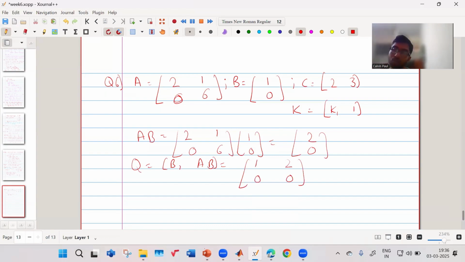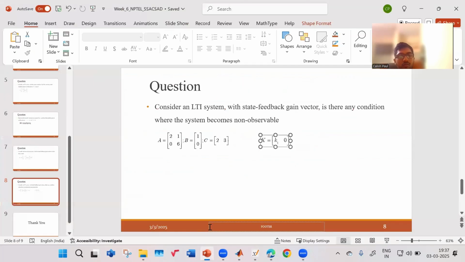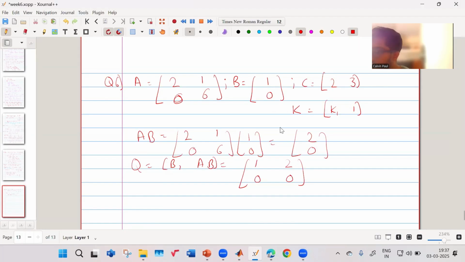So is this system controllable? Okay, this system is not controllable, so we cannot consider the state gains.